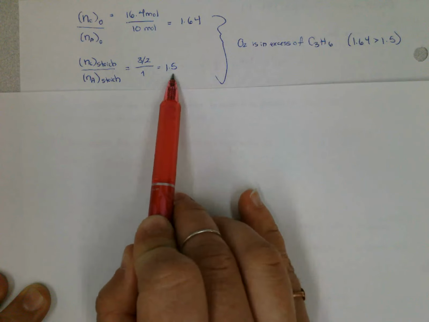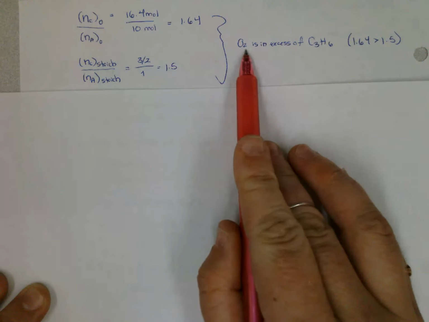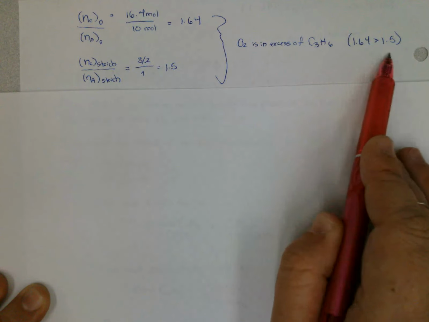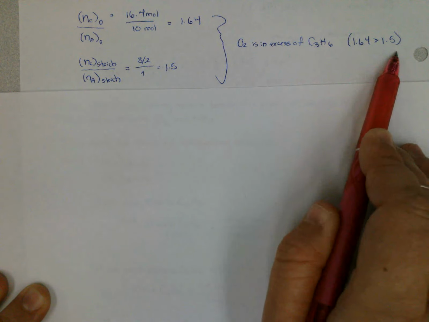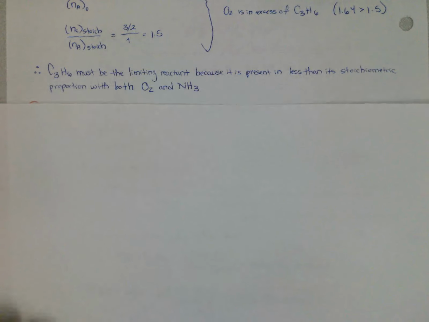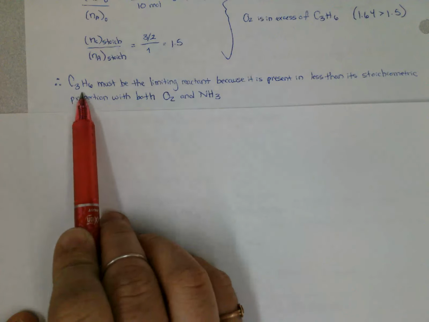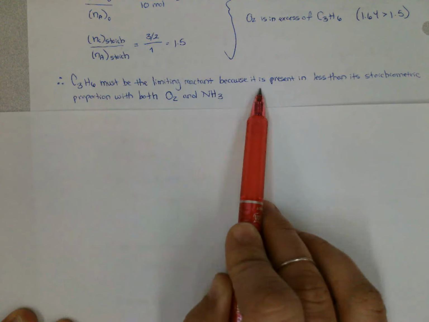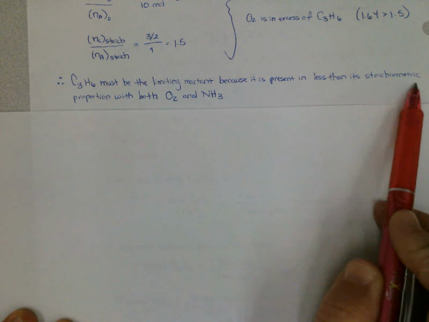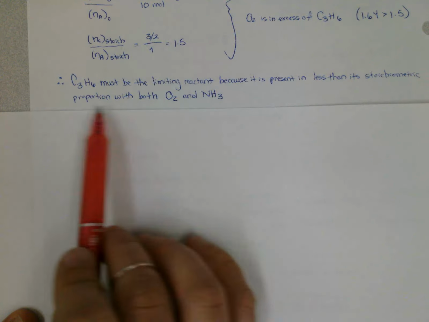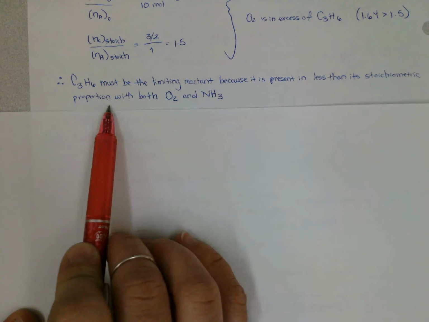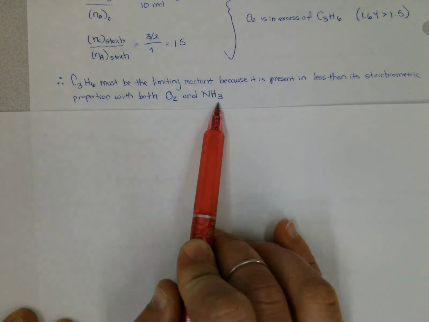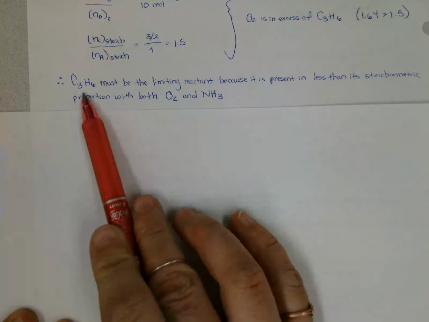So that ratio is 1.5. What that tells us is O2 is in excess of propylene because 1.64 is greater than 1.5. So by checking both of the other reactants, we know that propylene is our limiting reactant because it's present in less than its stoichiometric proportion, that's a big word, with both O2 and NH3. So that's our limiting reactant.